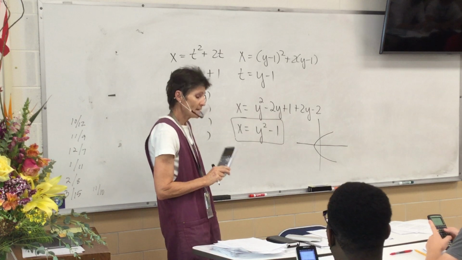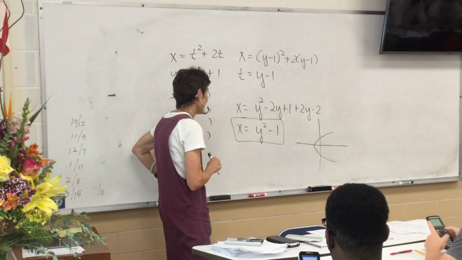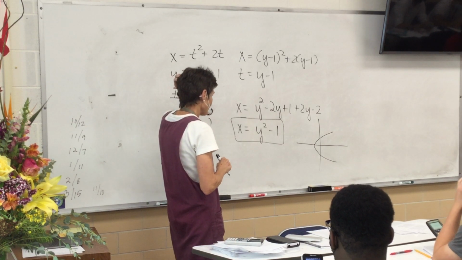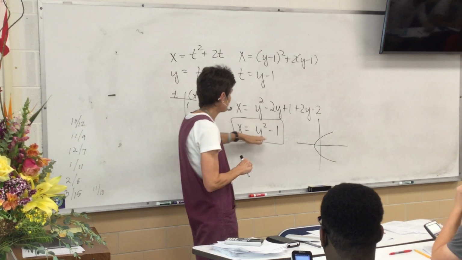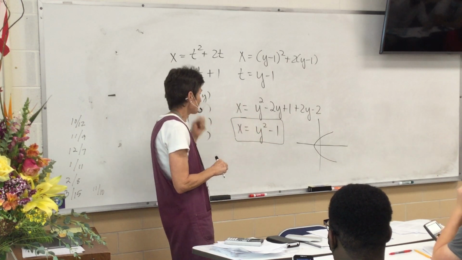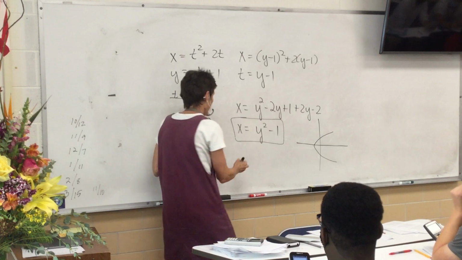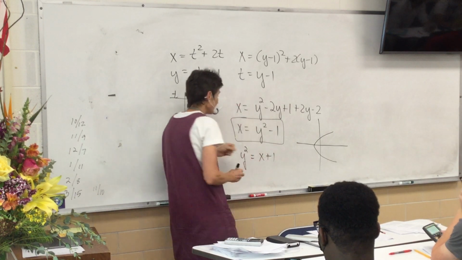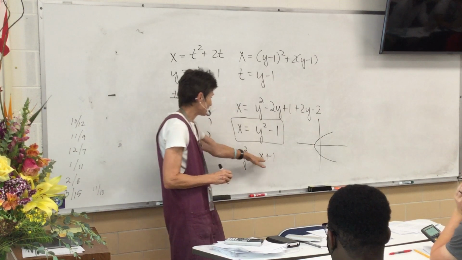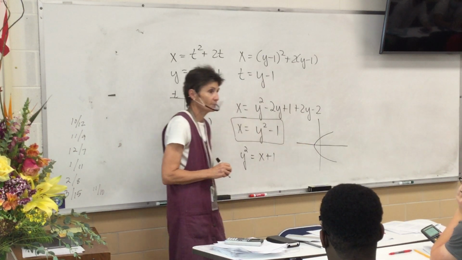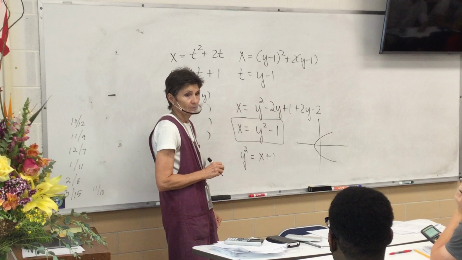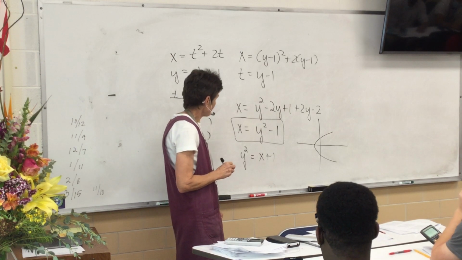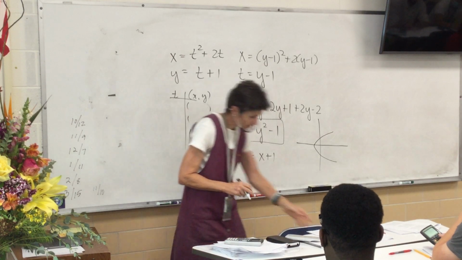The transformations that we've been talking about apply here too, but they're a little bit wobble-jawed. y squared equals x plus 1. Does it make sense to you that this thing would be shifted 1 unit to the left? All right, so that's that.